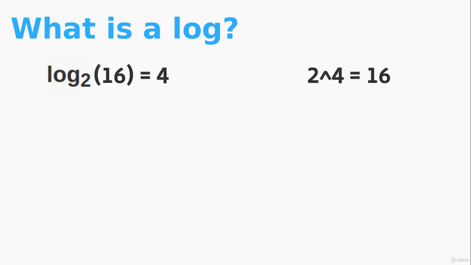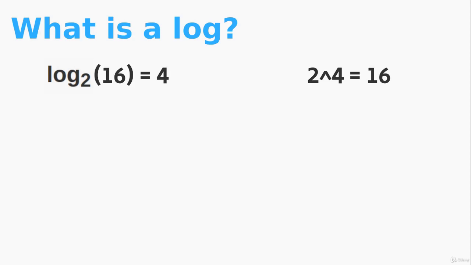Well, you might have noticed that 2, which is the base of the log, to the power of that value, the one that we derived, is actually equal to the value that we're trying to find the log of. So we're trying to find log of 16, and the log is to the base of 2.